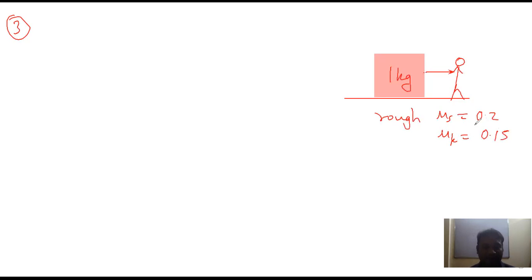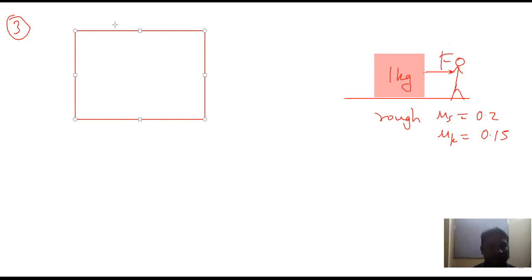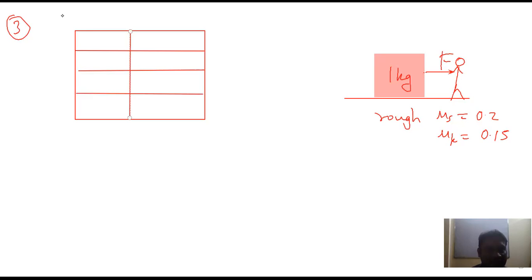So in this case, we have to discuss the frictional forces if a horizontal force F is applied by the man. There is a table which is given to us. In various cases, serial number 1, 2, and 3, we are given the value of F as 1 Newton, 2 Newton, and 2.5 Newton.